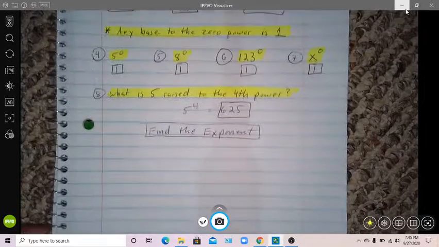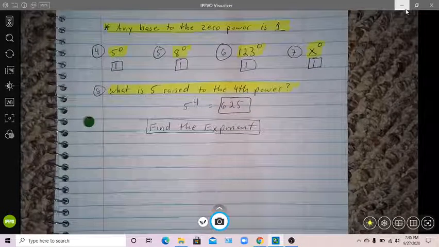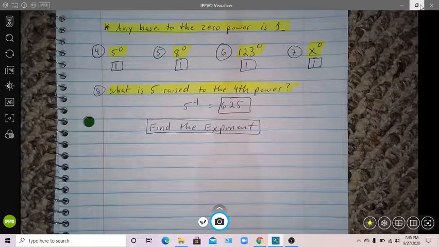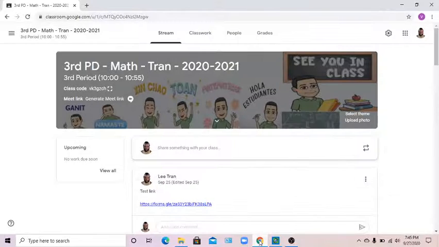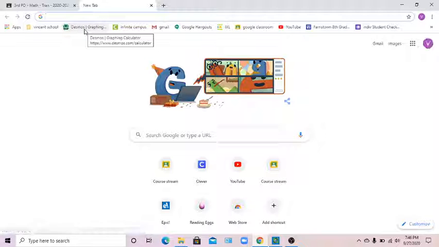Alright, so I'm going to scoot up here for find the exponent. In this one, you will need to go to the Desmos calculator. Again, from last class, you should have it bookmarked at the top right. For example, here's my Desmos calculator bookmarked.